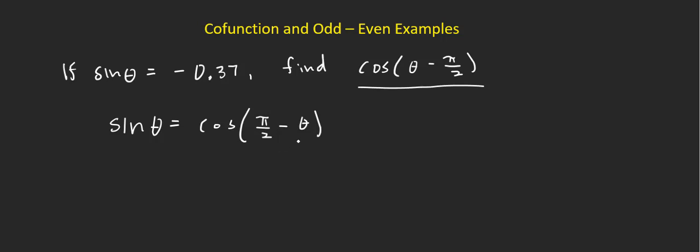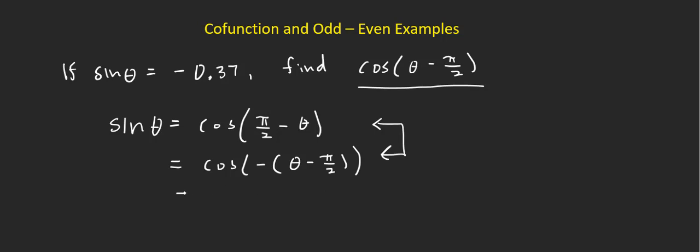We need to somehow interchange the location of these two. So again, we got to take the negative out. It will be theta minus pi over 2. Watch. Negative times theta is negative theta. Negative times negative pi over 2 is positive pi over 2. So these two are equivalent.